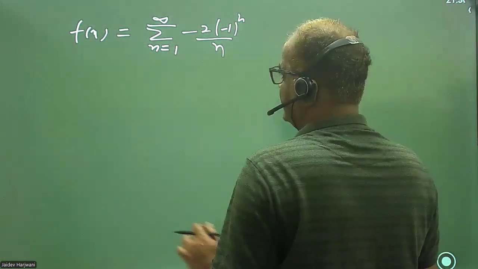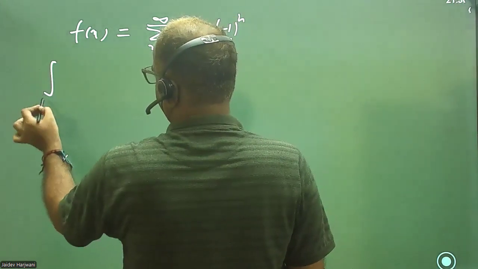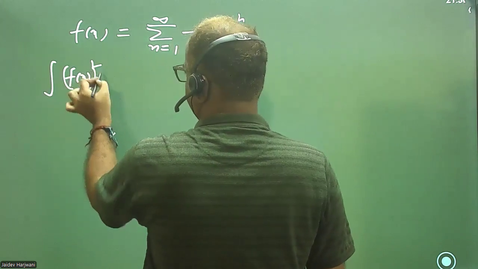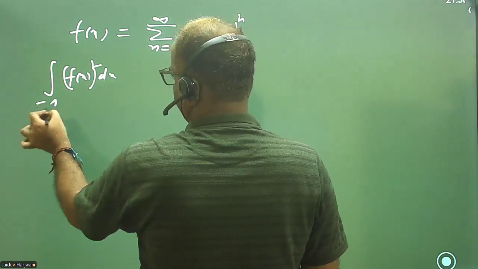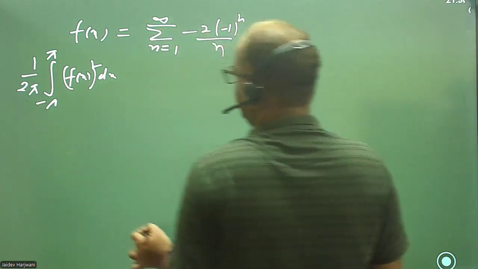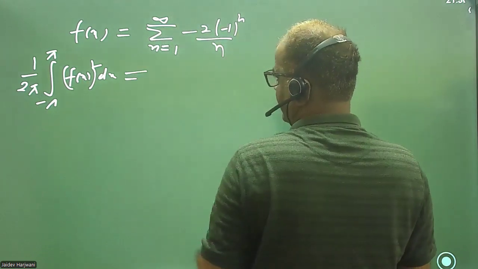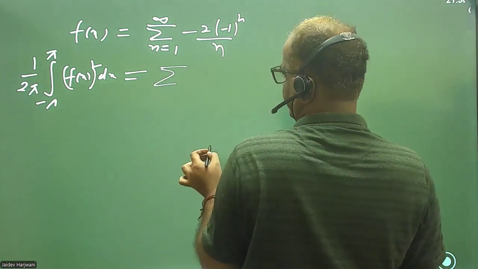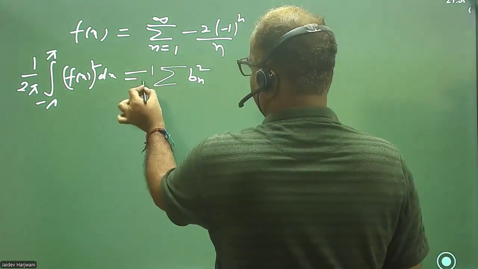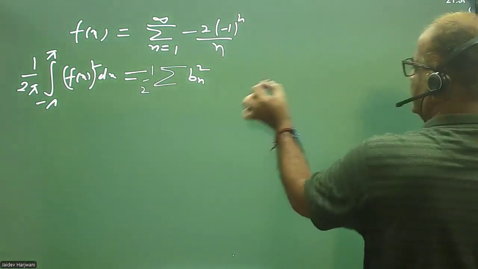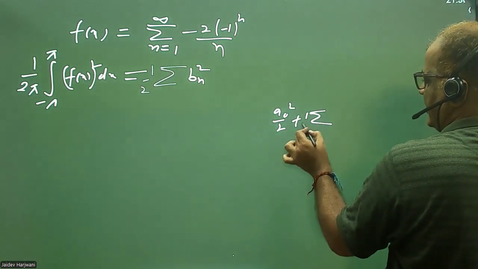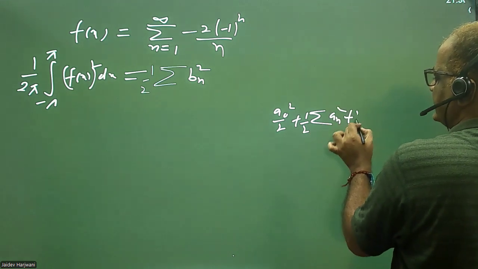Now Parseval's theorem says that if I take the average of the square of this function, f squared dx from minus pi to pi, with the interval 2 pi, this should be equal to the summation of bn square only. The actual expression is a naught square by 2 plus half of the summation of an square plus bn square.